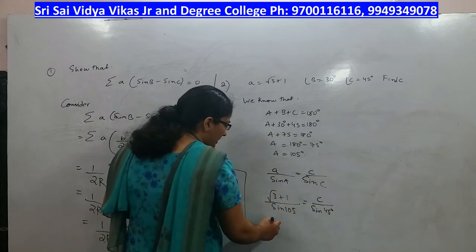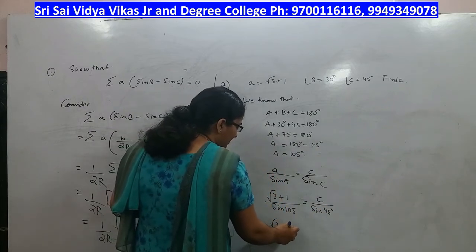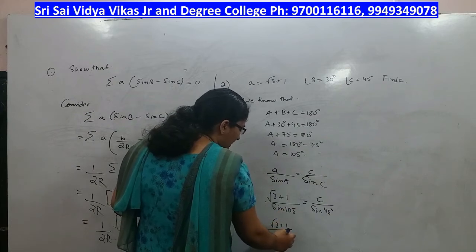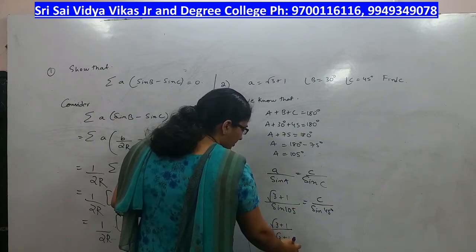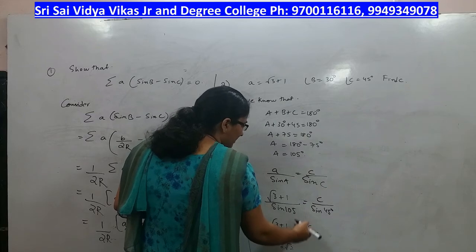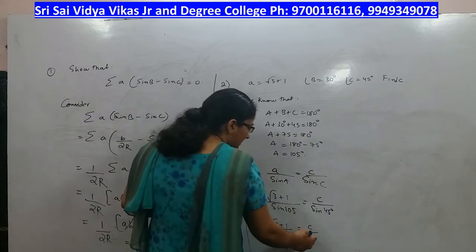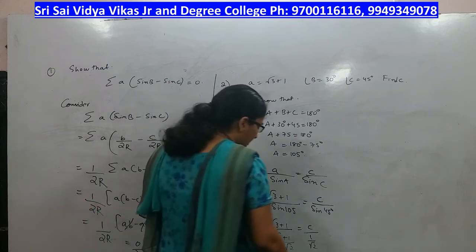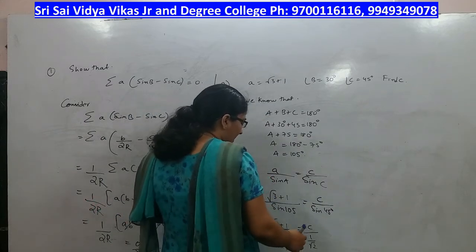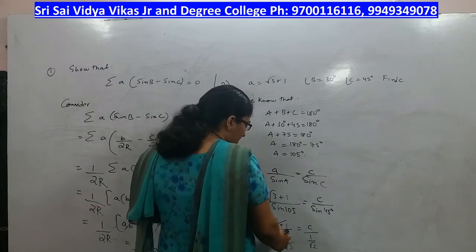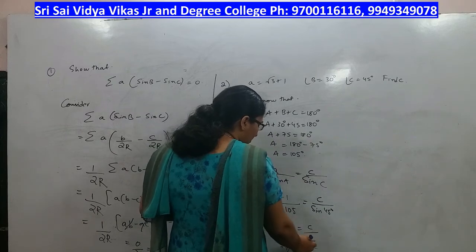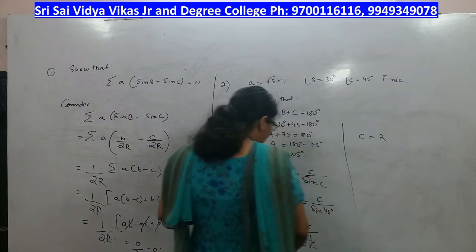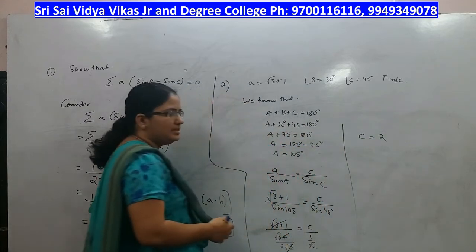So this is root 3 plus 1 by sin 105, which is root 3 plus 1 by 2 root 2, that is equal to C by sin 45. Sin 45 is 1 by root 2. So here we can cancel root 3 plus 1 and root 3 plus 1, root 2 gets cancelled. C value is equal to 2. 2 will come up. So C value is 2.